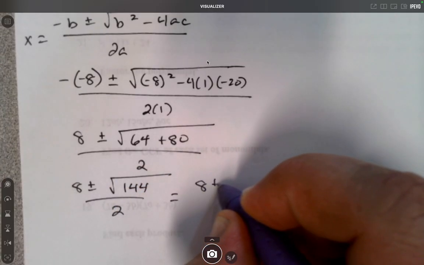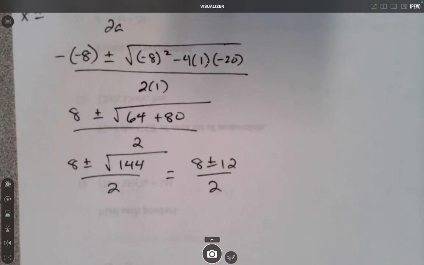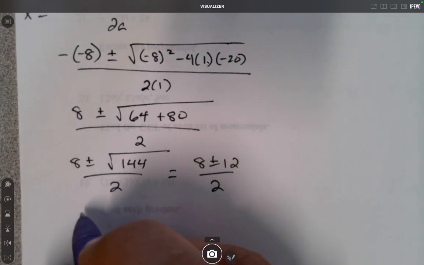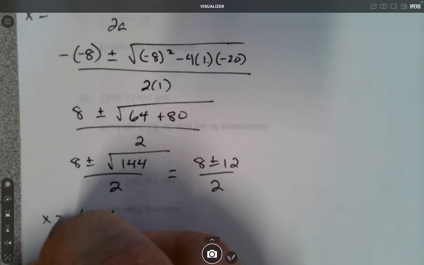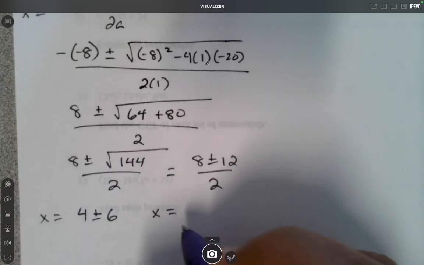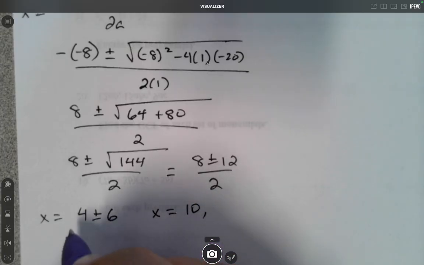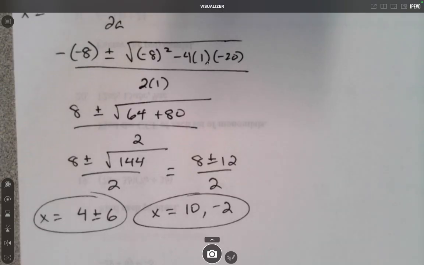The square root of 144 is 12. And those are both divisible by 2, so we can rewrite that as 4 plus or minus 6. So I would accept 4 plus or minus 6, but you could also say 4 plus 6 is 10, 4 minus 6 is negative 2. So you could write the answer either of those two ways.